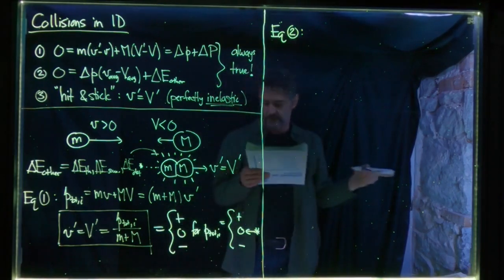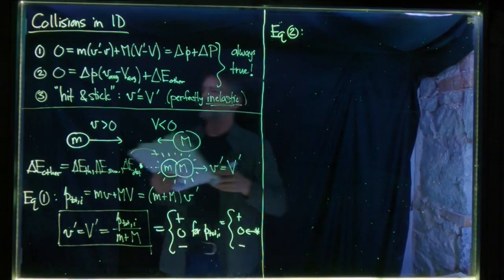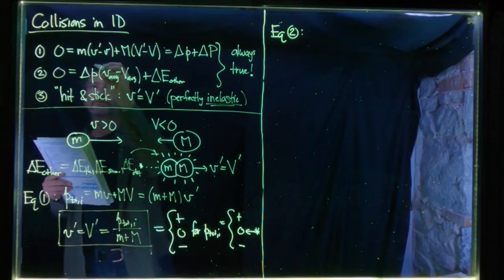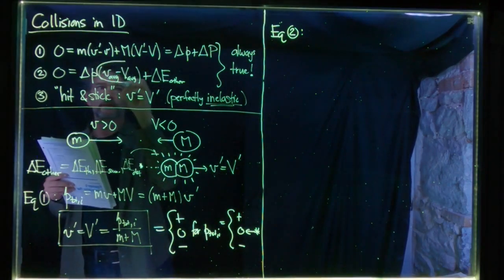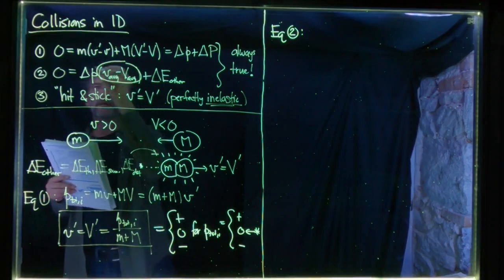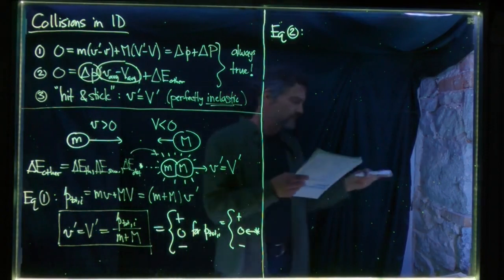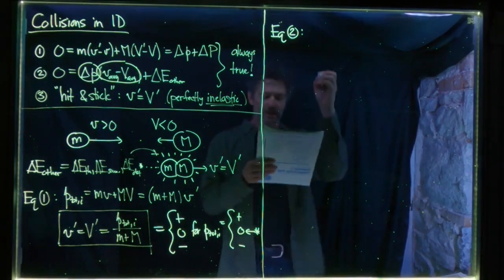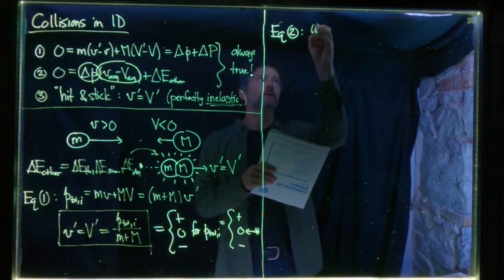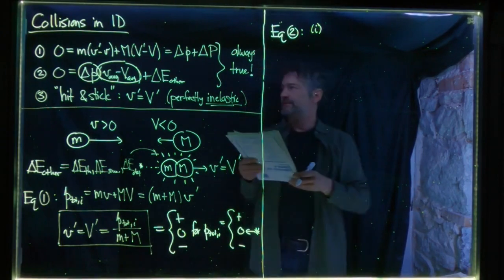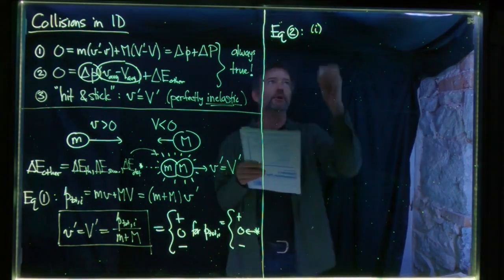Okay, so in equation number 2, we have to figure out these two terms. This one, little v average minus big V average, and delta little p. Okay, so let's work on that. This will take just a minute of simple calculation. So the first thing is we want to figure out what is the difference in those average velocities.